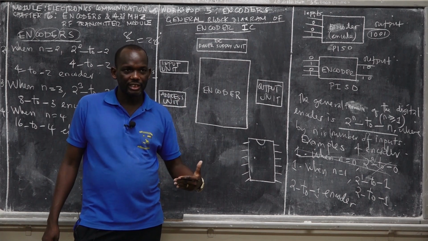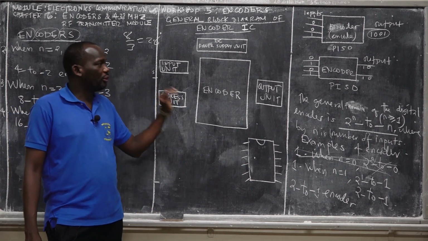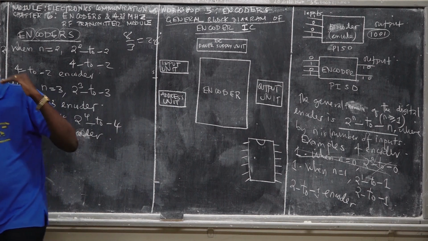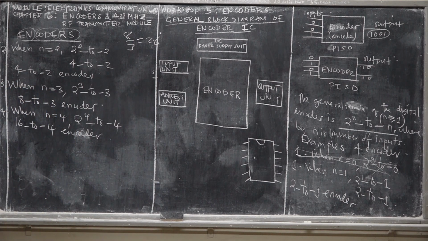Let me repeat. All encoders are made as either through-hole integrated circuits or surface mounting device integrated circuits. The simple concept you should have in your mind: an encoder is a digital integrated circuit.